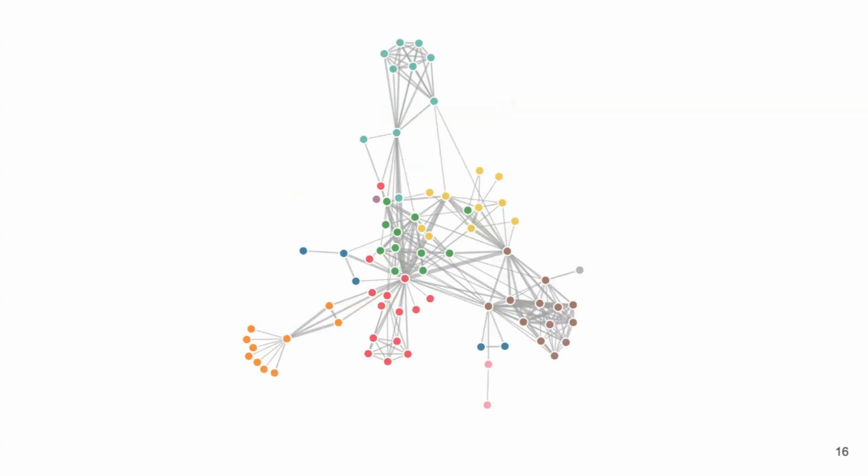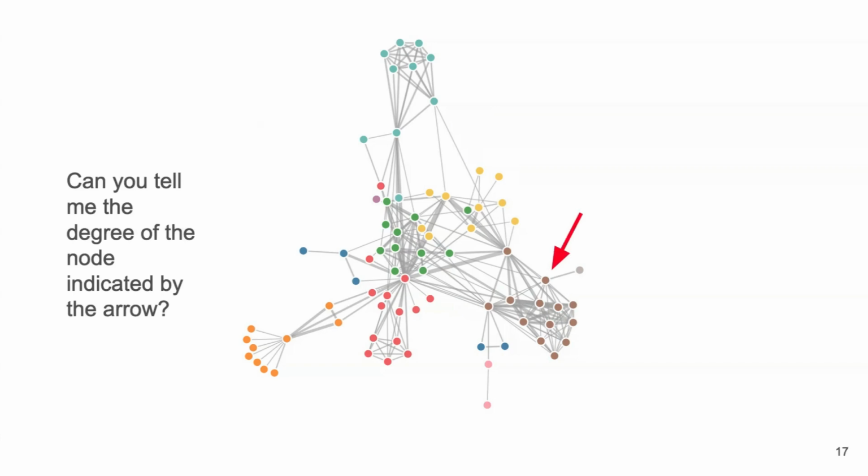But different graph. This is the network of interactions of Les Miserables. It's very, very famous, represented with a force-directed layout. Doesn't matter exactly what it is, but I'm going to ask another question on this. You can see that it's a bit bigger and it's denser than the one before. Can you tell me the degree of the node indicated by the arrow?